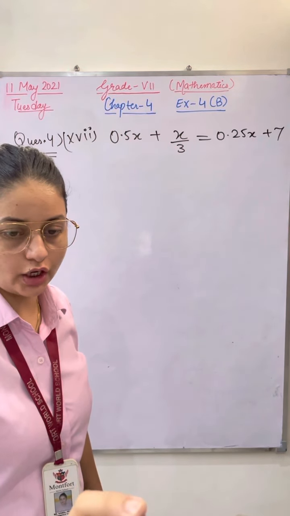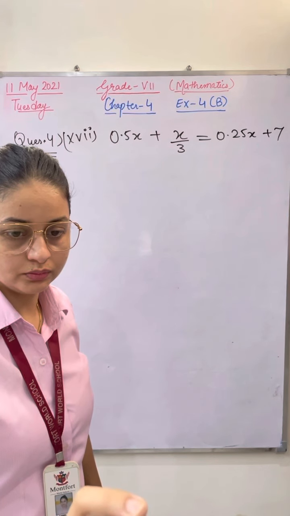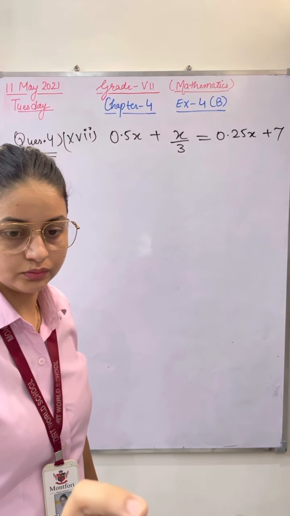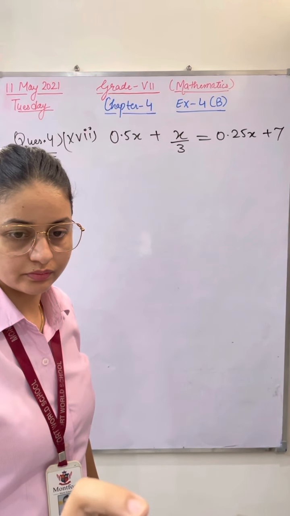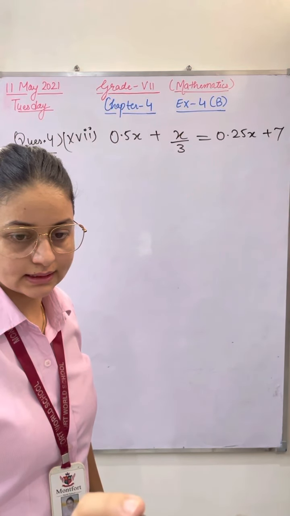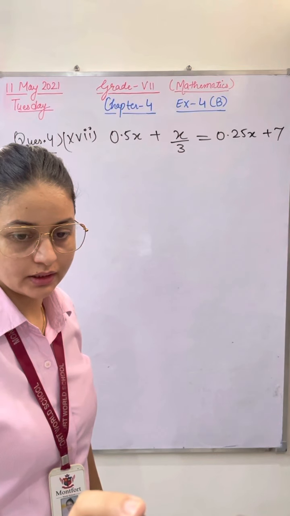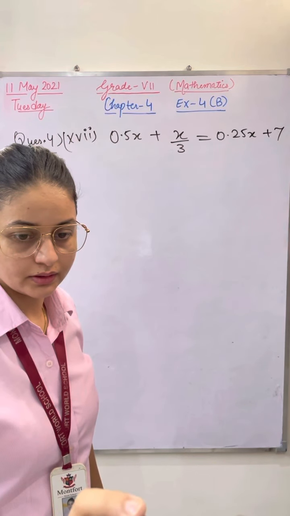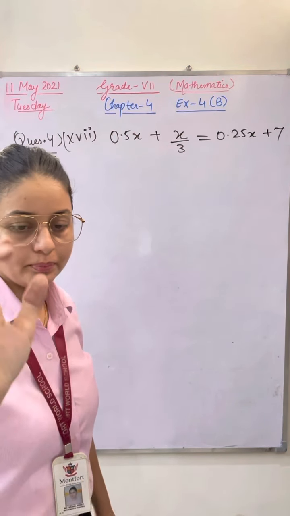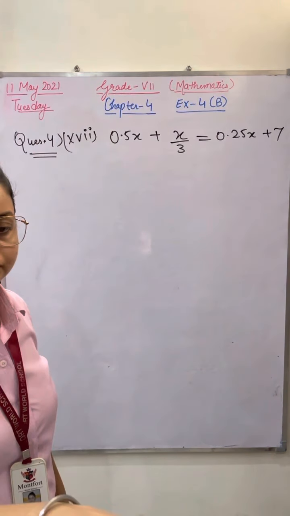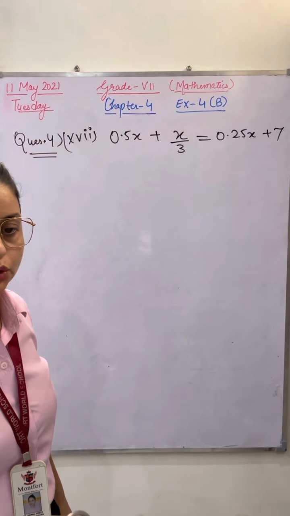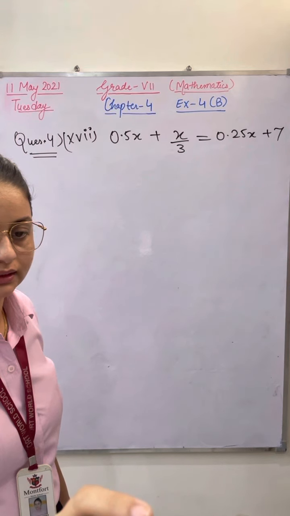Gurveen, a message has gone to you. Yes, Shreya. Shreya, please come on the mic. What will be the first step? I just want to ask this. Don't feel hesitant.